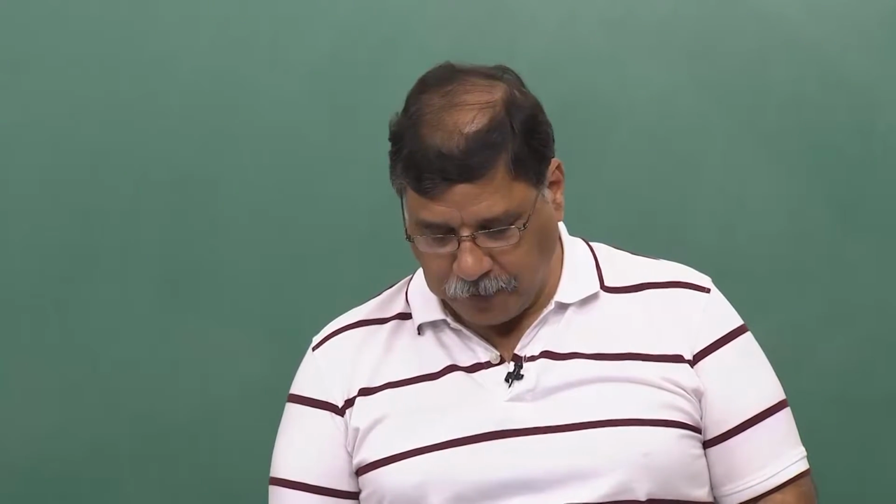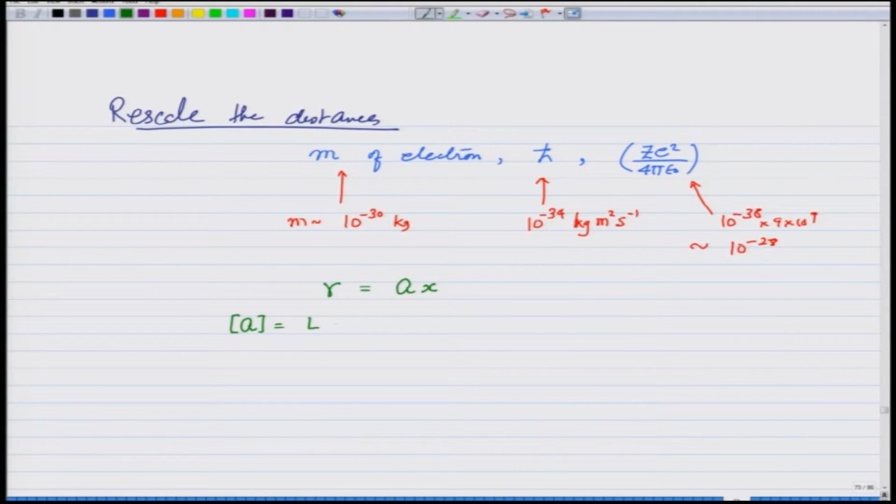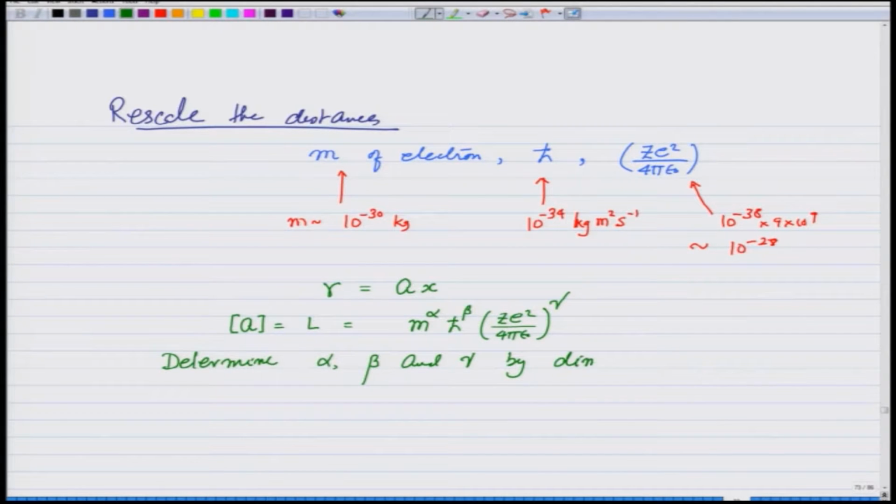So, let me write this a, which has the dimensions of length, in terms of the mass of the electron raised to alpha, the Planck's constant raised to beta, and Z e square over 4 pi epsilon 0 raised to gamma, and determine alpha, beta and gamma by dimensional analysis.